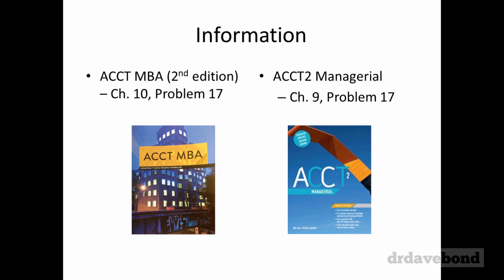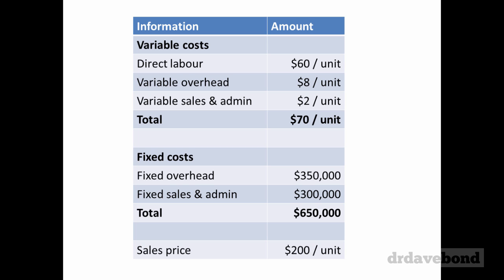So we're going to do a fairly basic example of this using some of the information from the Accounting MBA second edition, or the Accounting 2 Managerial, Chapter 10 in the MBA book, Chapter 9, Problem 17 in the Managerial. But the key information that we have in this is some variable cost information, where we've got labor, overhead, and variable sales and admin totaling $70 per unit.